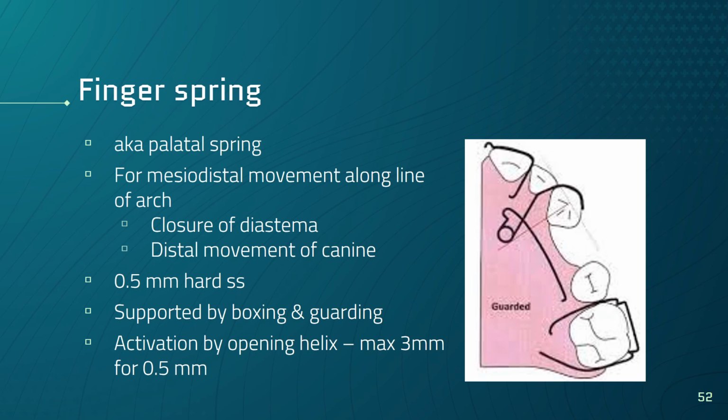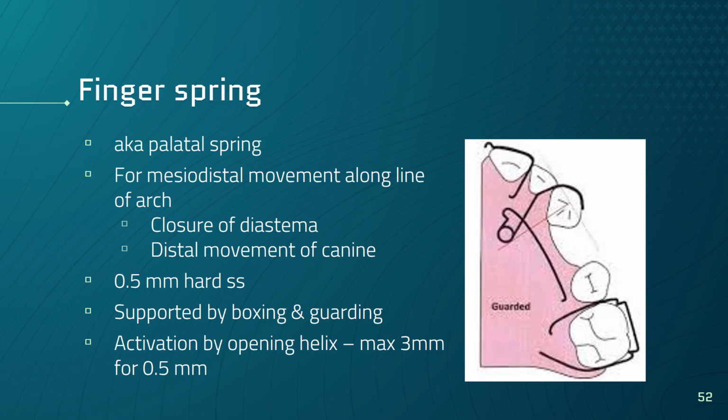Finger spring. Now, the finger spring is also known as a palatal spring simply because it lies on the palatal side. It is used for mesiodistal movement along the line of the arch, for example, closure of diastema and the distal movement of canine. It is made from 0.5 millimeter hard stainless steel wires.